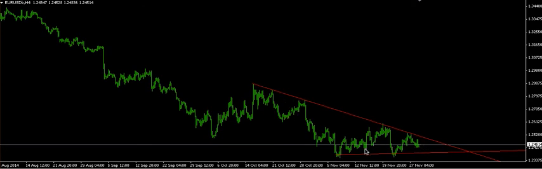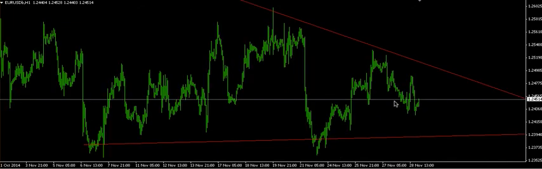But looking at the pattern chart, we still have Euro USD just hanging between the support and resistances, and definitely it's a trend. The trend is downtrend, so definitely it will find a support in coming days before it goes up. So we can assume the Euro USD to go down almost 200 pips in the coming week.